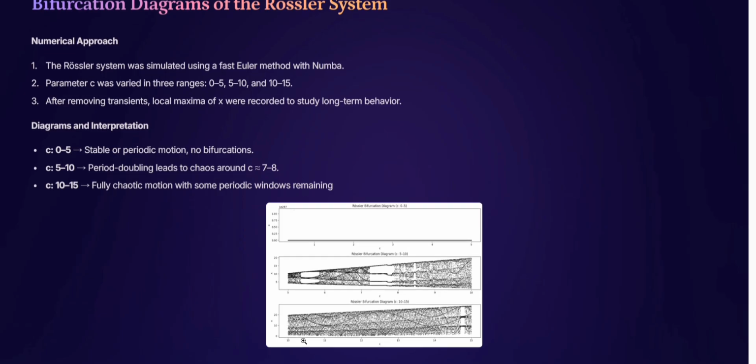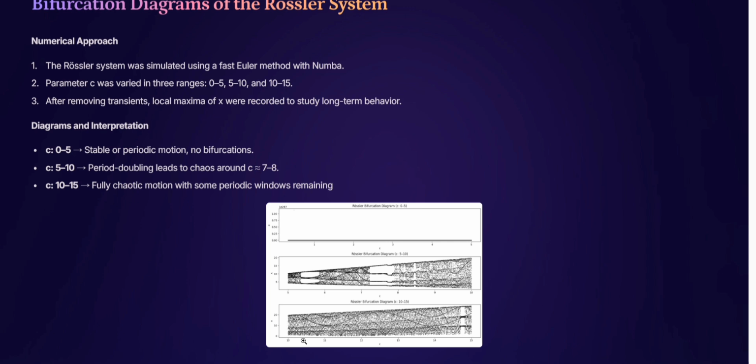And the bifurcations of the Rössler system: the system was simulated using a faster Euler method with NumPy, a library. The parameter C was varied over the ranges 0 to 5, 5 to 10 and 10 to 15. After removing transients, local maxima in X were recorded to study the long-term behavior.